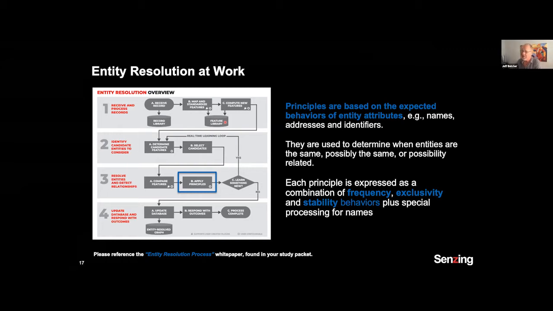Now, after we standardize the features, we compute new features. I refer to these as expressions. So expressions help us find records in a billion record database. The name Joe Smith might have 1,000 entities using it.